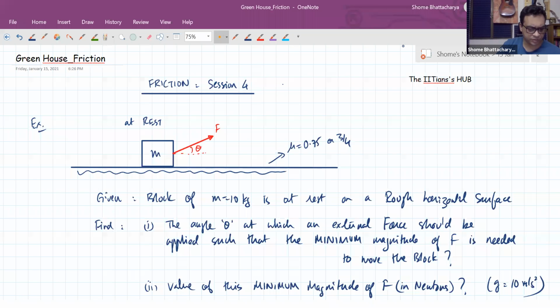In the previous lecture, we did a question where you are applying the force horizontally. But here, you can apply the force in any direction you like.